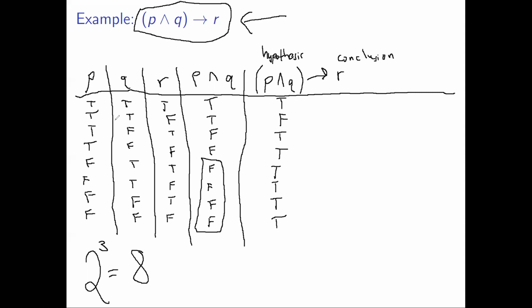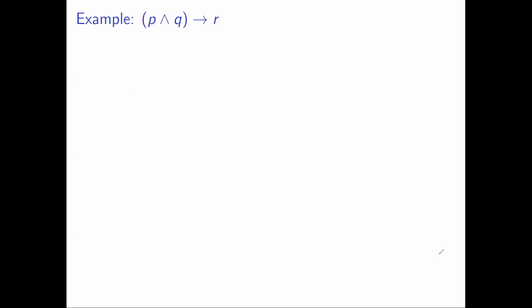So now that we finished this truth table, let's look at another one. This one will have the same number of rows as the last one.